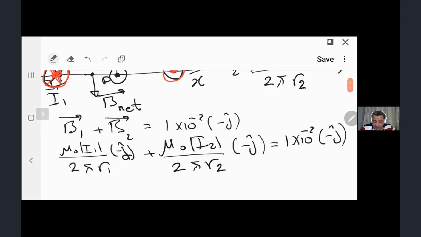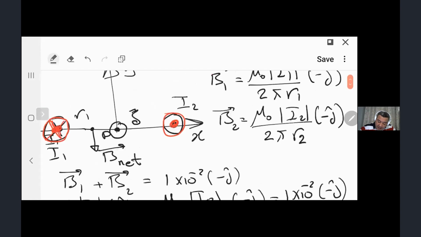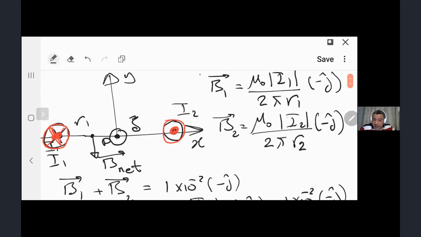Basically, the minus here came from the current in B1. However, here the current was positive, and the minus direction was the original direction of the magnetic field if the I was positive along the z-axis.